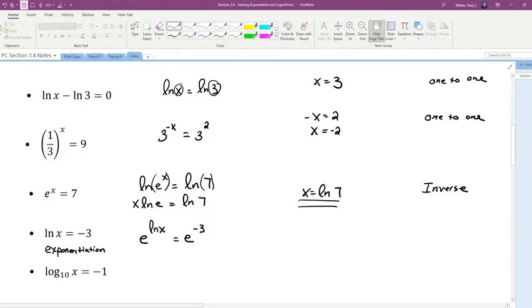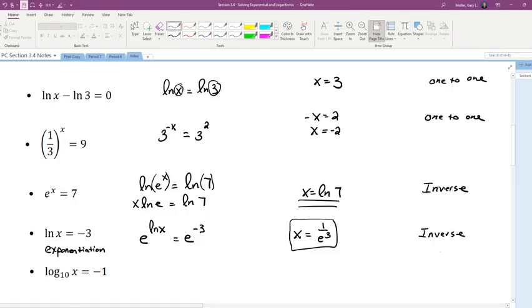And e to the natural log of x, again referring to that rule from earlier today and the last section, these are inverses of each other. So the e and the natural log cancel out, and we're left with x equals, let's make it 1 over e cubed. And this would be, again, using an inverse.